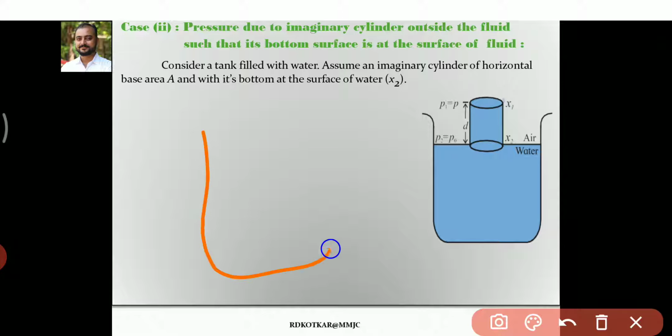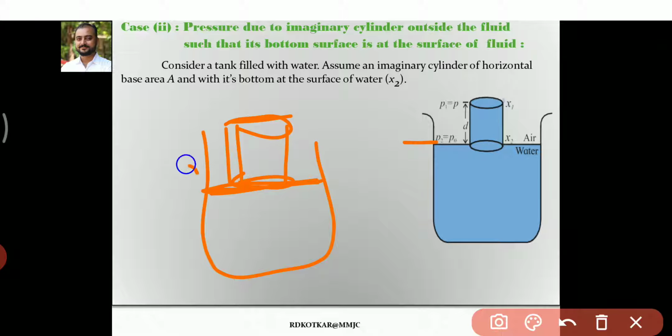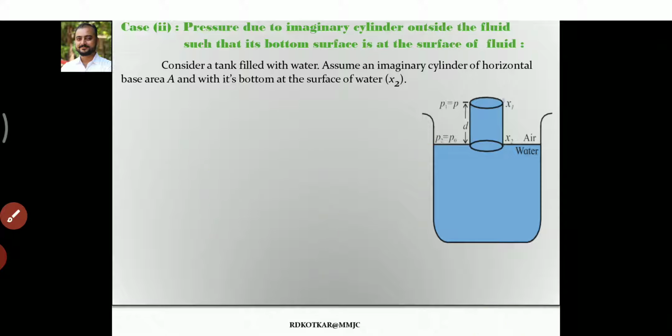What is the difference here? In this diagram, your cylinder is present above the surface of liquid, where the bottom of the cylinder touches the surface of water, and the top surface is present in the air completely at distance d from the surface of water.